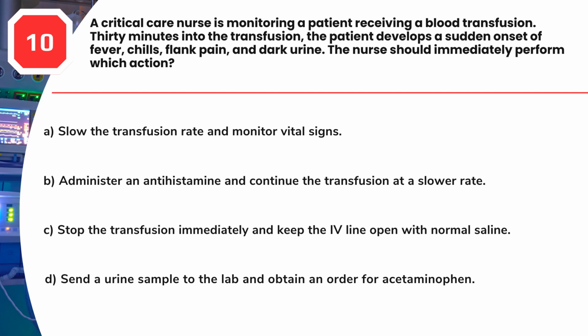A. Slow the transfusion rate and monitor vital signs. B. Administer an antihistamine and continue the transfusion at a slower rate. C. Stop the transfusion immediately and keep the IV line open with normal saline. D. Send a urine sample to the lab and obtain an order for acetaminophen.